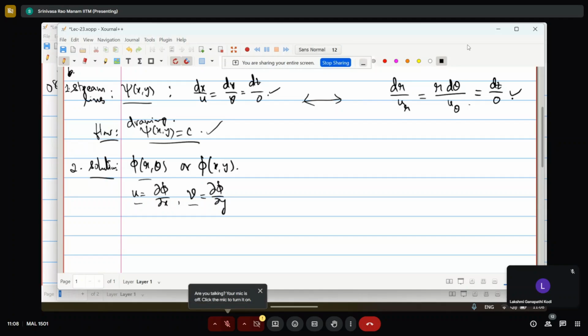Why should you calculate this? If you want the flow, you don't even need to do that. Once you convert this into a function of x, y, you can draw it directly. Phi of x, y. So what is the flow here? If I look at it, actually it's not the flow. It is something else, perpendicular to the flow.